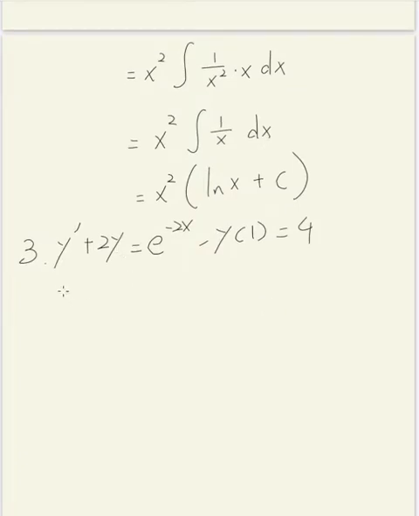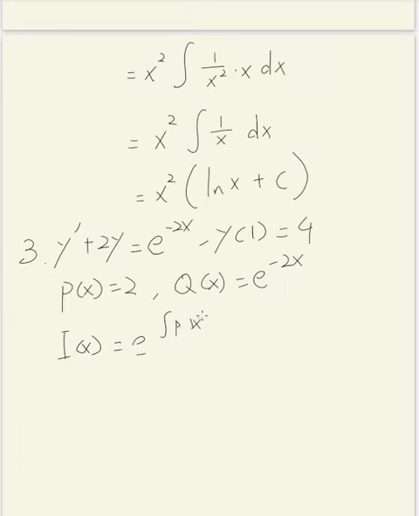So we do the same thing. p of x is 2, q of x is e to the minus 2x, and then we use them to compute the integrating factor I of x, which is e to the integral of p of x dx. So that's e to the integral of 2 dx, which is just e to the 2x.